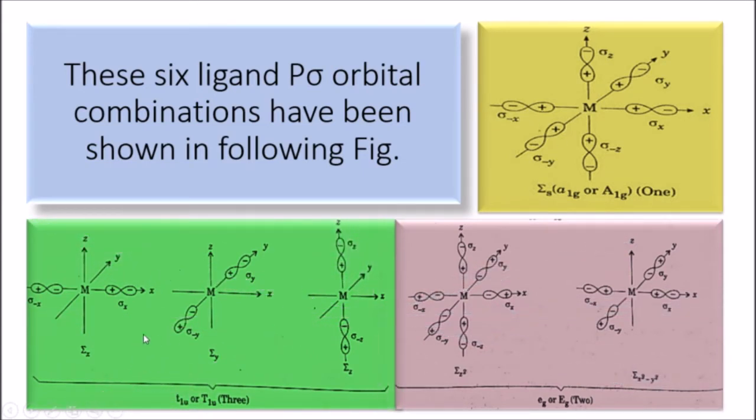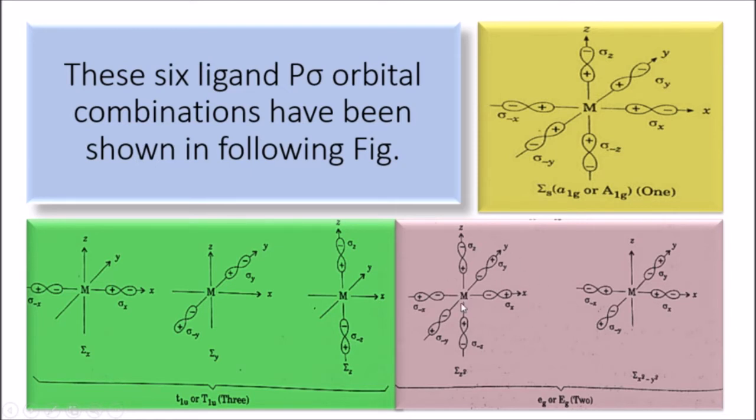Now we have T1U, that is triply degenerate, in which you can see the positive and negative lobes of the ligand p sigma orbital interacting towards the metal side, and that is how we represent the interaction between metal and ligand. Similarly, this is in the y direction and this is in the z direction. So these three represent triply degenerate T1U symmetry.